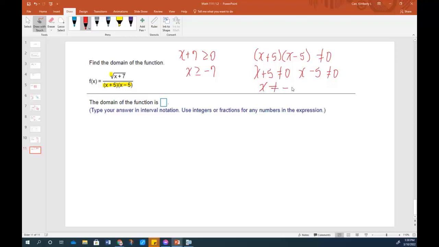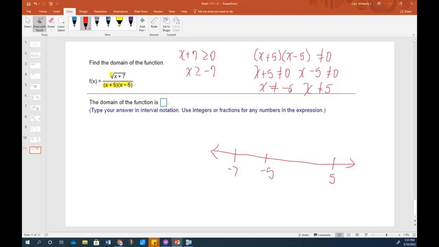So x cannot equal -5, and x cannot equal 5. So now I have 3 different things I've got to consider here. So suppose I have a number line. I'm just visualizing this number line. I wish I could draw a straight one for you. Putting these on here from left to right, there's a -7, a -5, and somewhere there's a 5.